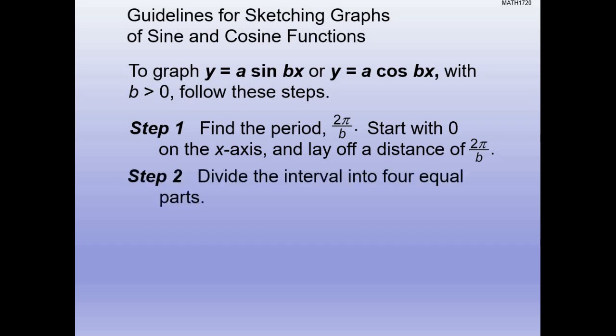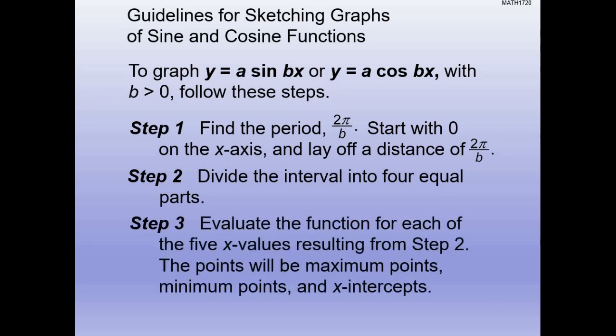The first step when we do this is we always have to find the period, because the period is important for us to analyze, so we know the left and the right endpoint, the middle point, the quarter point, and the 3/4 point for our calculations. Step 2 is dividing it into equal parts, and then we have to substitute those parts back in so that we know if we are at a maximum, a minimum, or 0 at those particular points that we found in step 2.